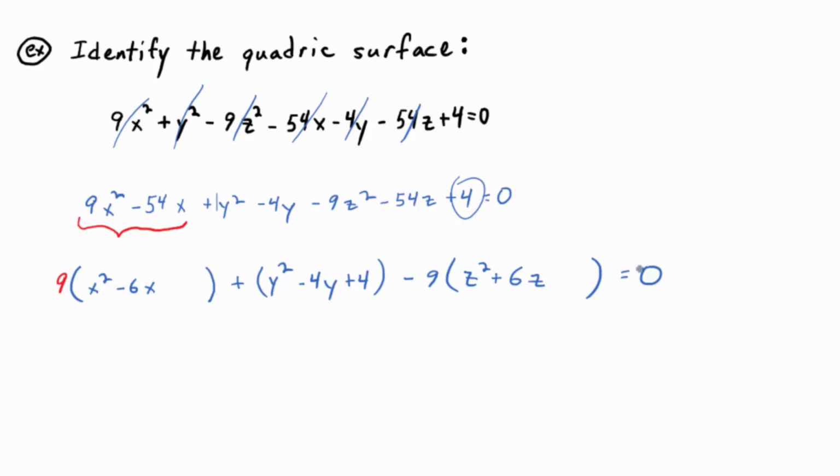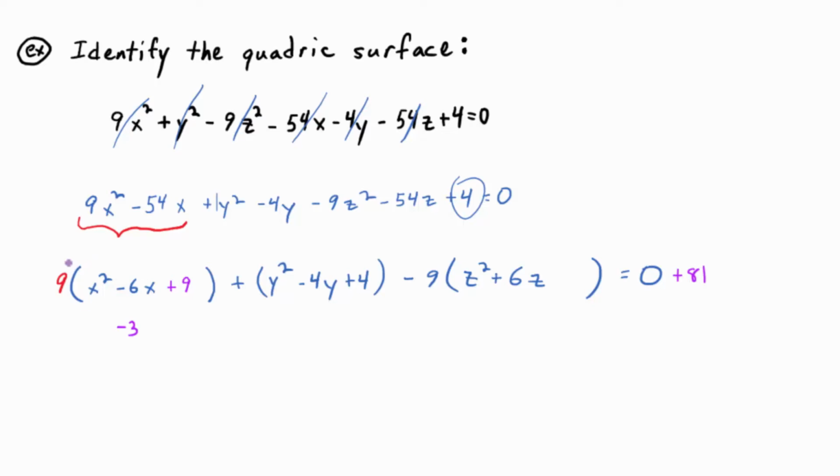What do you do to complete the square? Half of minus 6, so what's that? Minus 3. Square it and add it, but what did you really add? 81. So nice to teach a class that knows that.